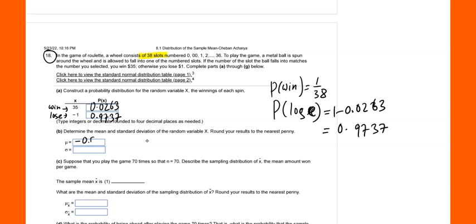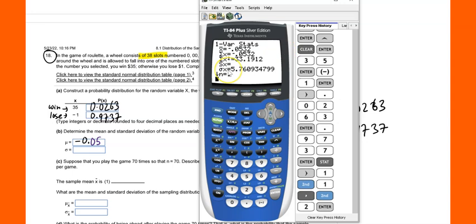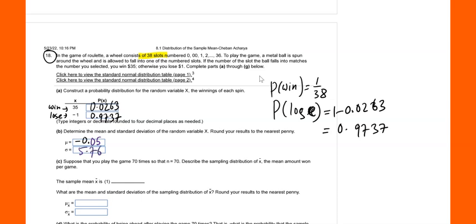Negative 0.05, that's pretty much 5 cents. And the standard deviation, you can look at this calculator. That's the standard deviation, 5.76. Remember that a penny is 2 decimals. 5.76, that's what I'm using here. That's the population standard deviation and the mean.